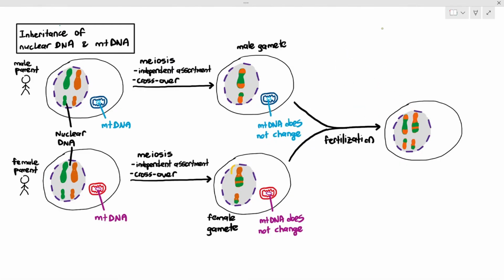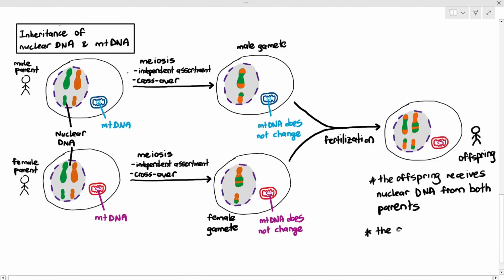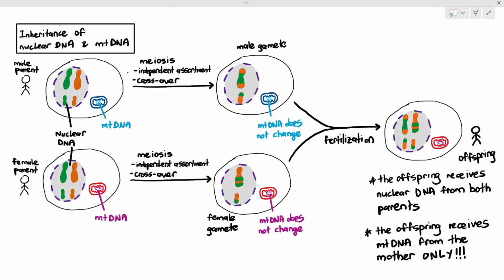But here's where it becomes interesting. The offspring will only receive mitochondrial DNA from the female parent. So the offspring receives nuclear DNA from both parents, but only receives mitochondrial DNA from the female parent, or from the mother only.